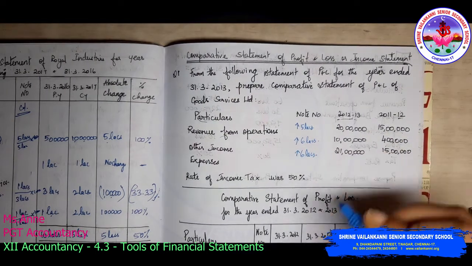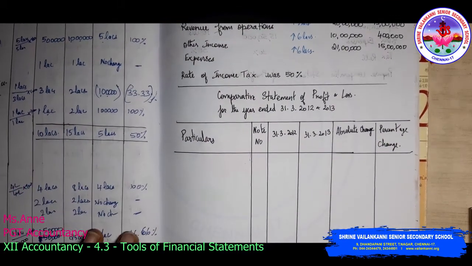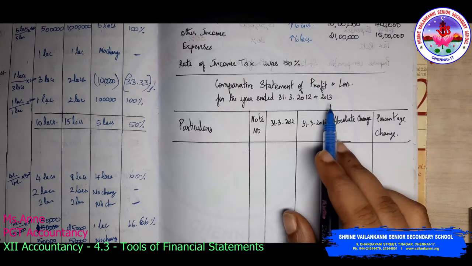So we are going to prepare the statement now. I've just started to write down the format. Pause the video, write down the format, and then continue watching. Comparative statement of profit and loss for the year ended 31/3/2012 to 13. This should be the heading.